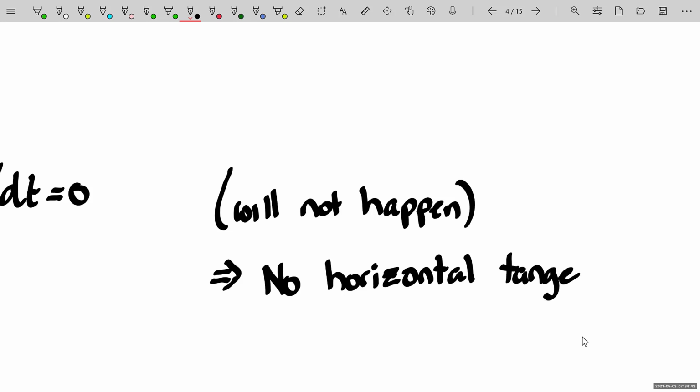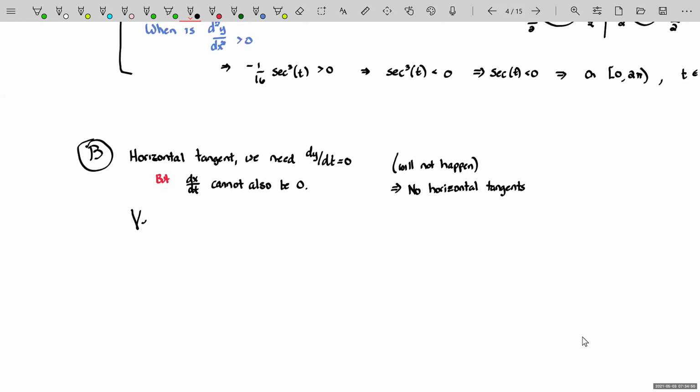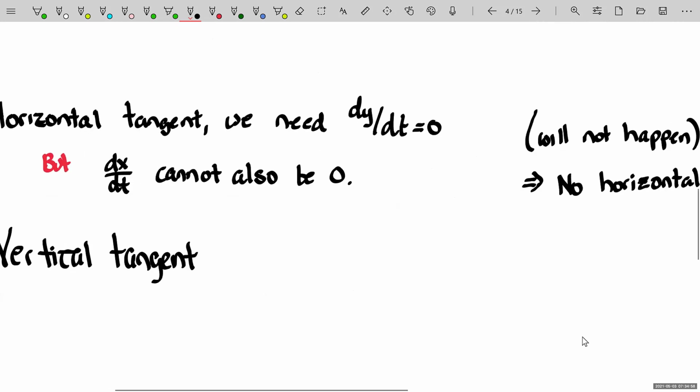Now, vertical tangents, yes, there are going to be vertical tangents here. So let's go to vertical tangent lines. That implies dx/dt must be 0, but dy/dt cannot be simultaneously 0.